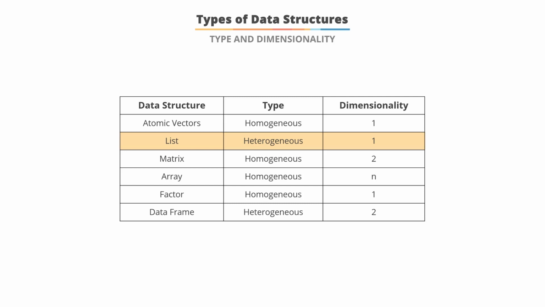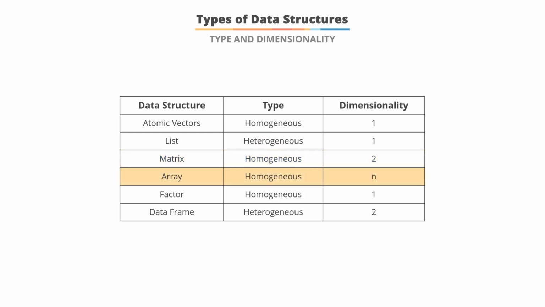When we look into dimensionality, we have matrices, arrays, and data frames. Now we'll get into the difference in these, but a matrix is homogeneous and has 2 dimensions. So if you think of an Excel file, but everything within there is numeric, that's a matrix.